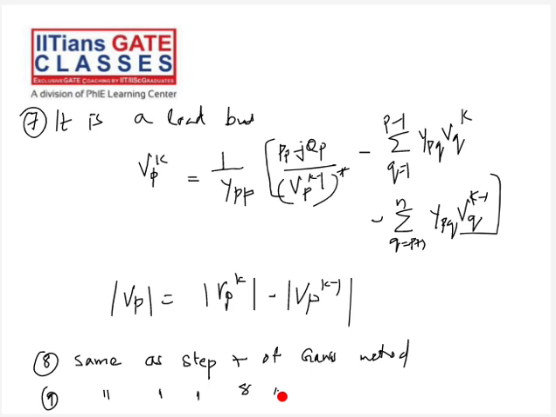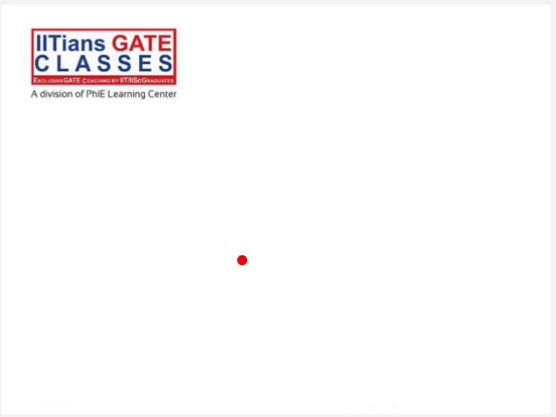We check if all the iterations are complete, and once we have all the iterations, then what we do is that we calculate the slack bus power and reactive power, right?